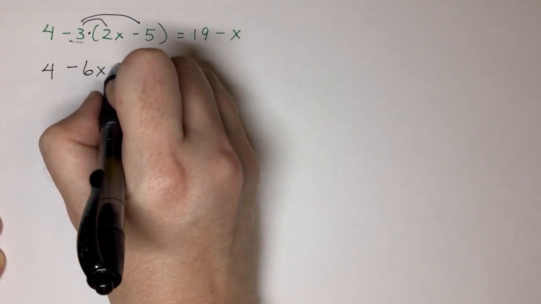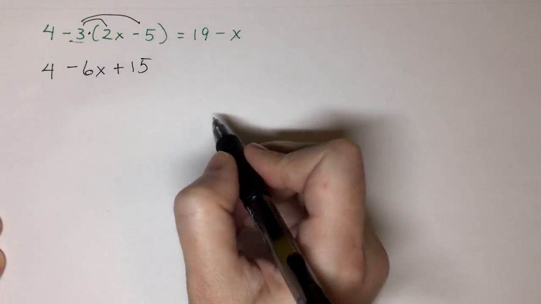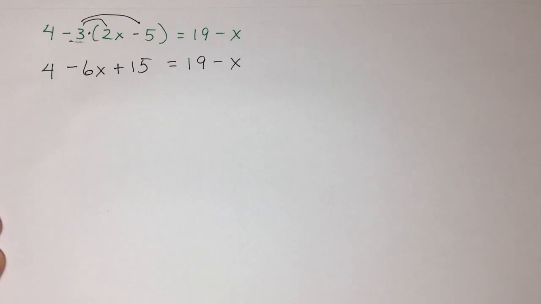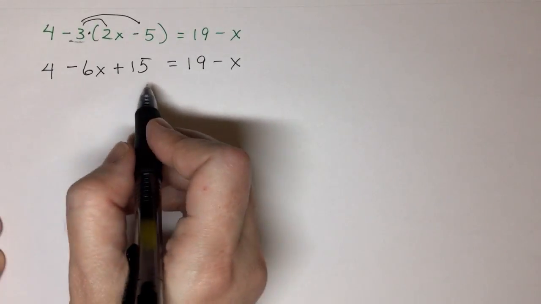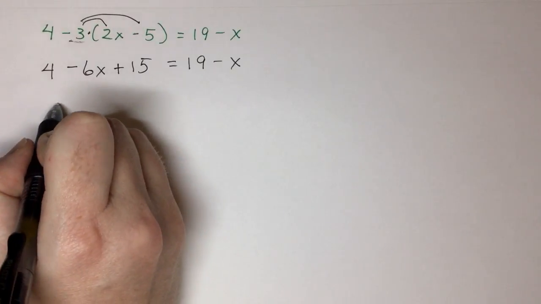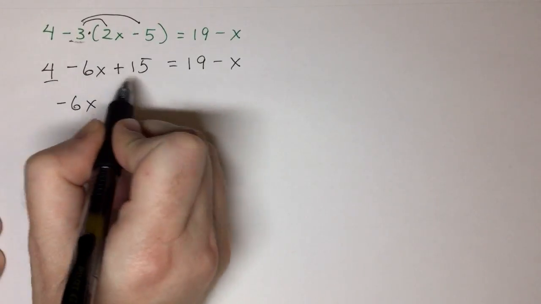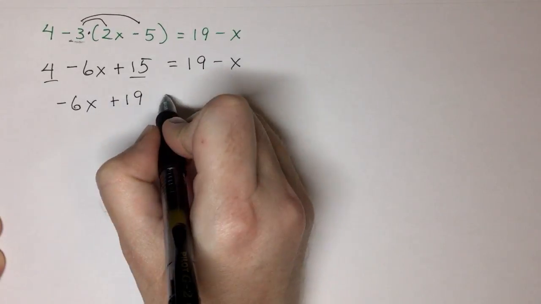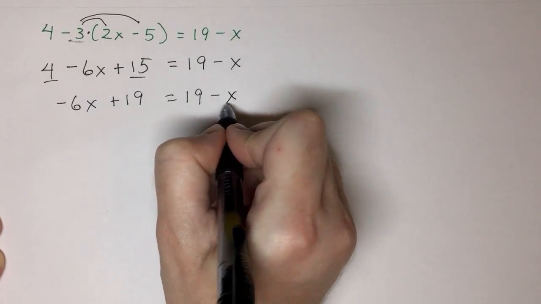Negative 3 times negative 5 is positive 15. On the right, no parentheses, no like terms, just 19 minus x. On the left, combining like terms, I'll have my negative 6x. Like terms are 4 and 15, so plus 19 equals 19 minus x.